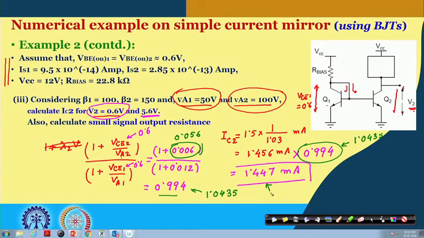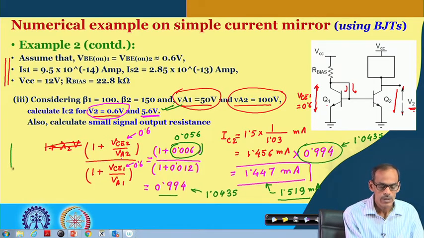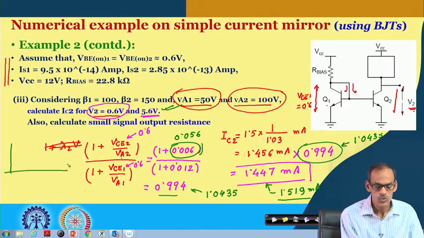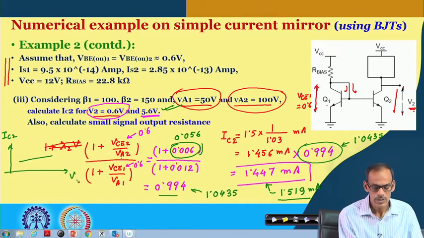So, that is equal to 1.519 milliampere. So, for this voltage we have 1.519 milliampere. Again, we can use these two data points to calculate the slope of the IC versus VCE.